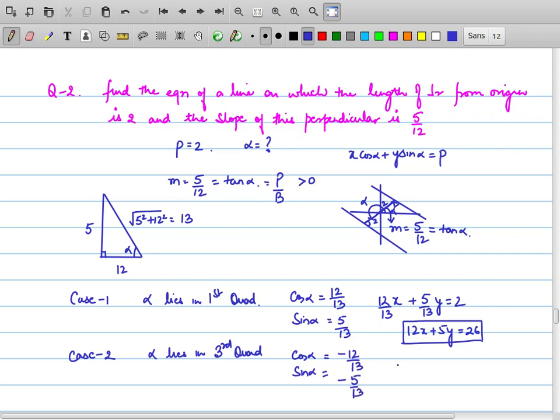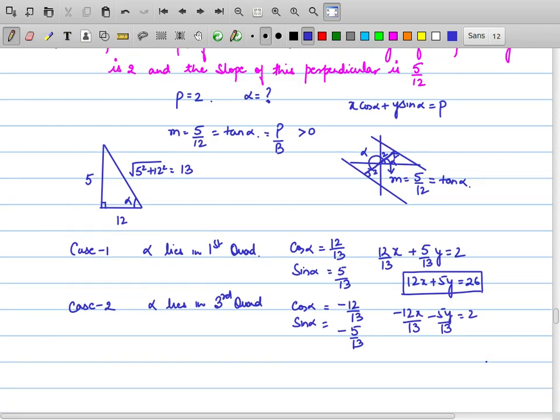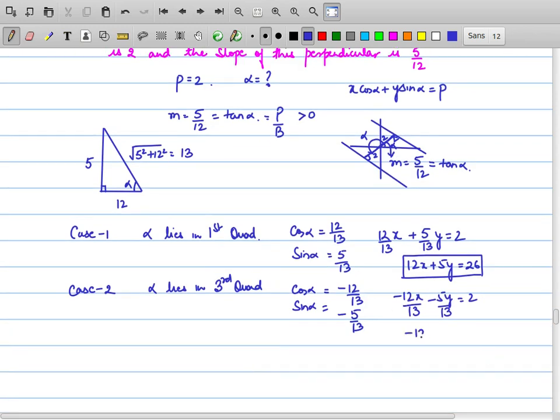Therefore, our equation now becomes minus 12x by 13 minus 5y by 13 equals 2. And in that case, minus 12x minus 5y is equal to 26. We'll take everything to the left side. Therefore, we get 12x plus 5y plus 26 is 0. This is your other equation that is possible.